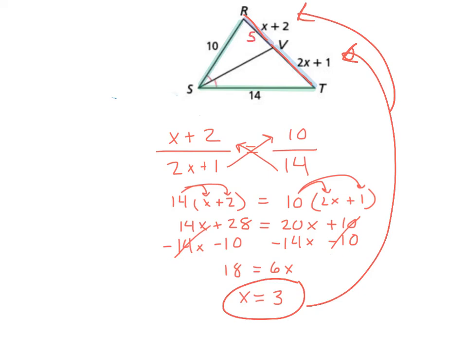So for RV, we get 5, and VT, we get 7. Any questions on this one?